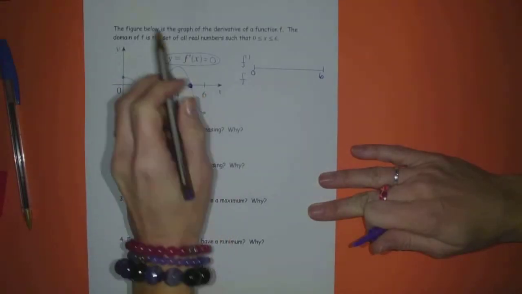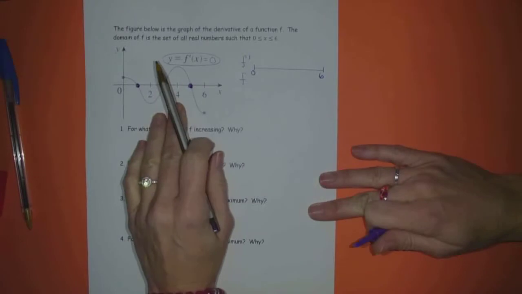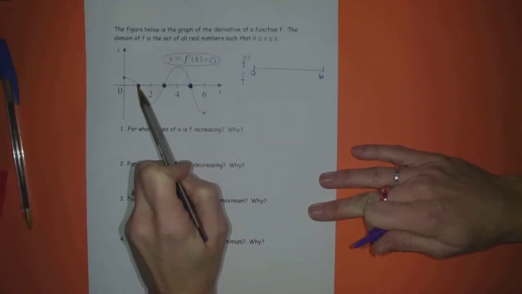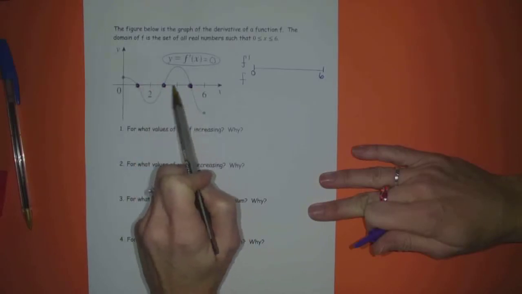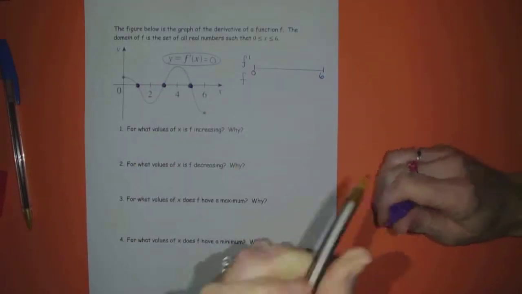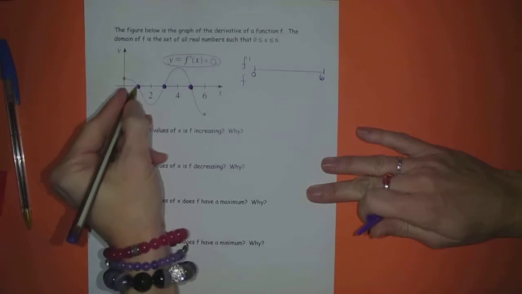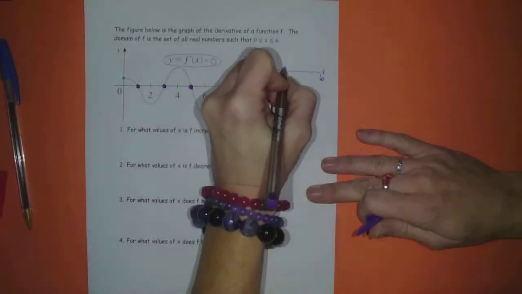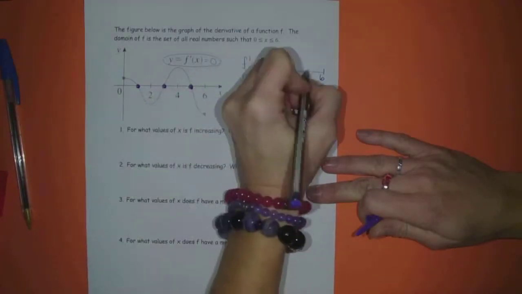On my original graph of f, which I'm not looking at, I know that the slope of the tangent line to that graph is 0, indicating a critical point at these three values. So I'm going to put those three on my chart. So this is x equals 1, and 3, and 5.